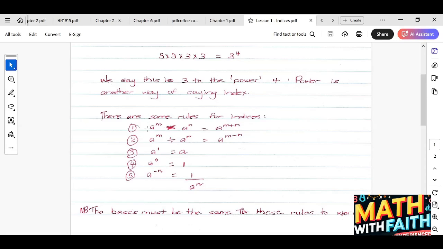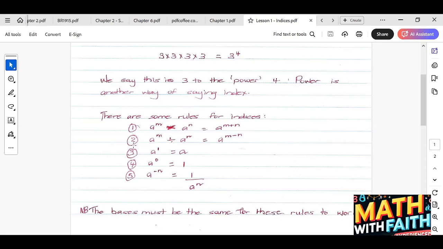And that simply means once we have the same base, so I can't have 2 to the 3 multiplied by 3 to the 4, because 2 and 3 are different bases. Once we have the same base and they are being multiplied by each other, we can add the indices. So a to the m by a to the n is equal to a to the power m plus n.